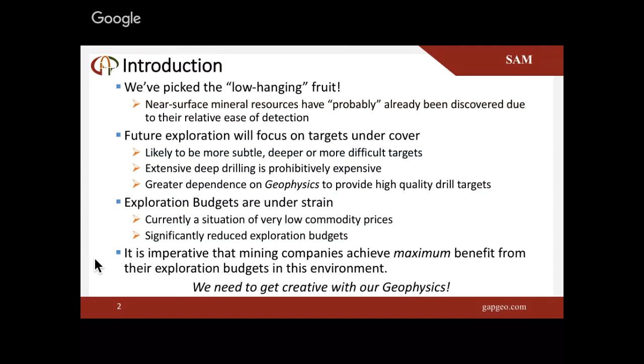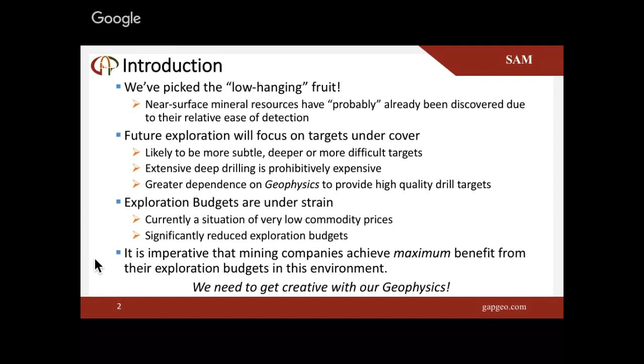So basically, I tend to think that in mineral exploration, we sort of believe that we've picked the low-hanging fruit. We found the easy stuff, the mineralisation which is quite easy to find near surface has probably already been found. So really, the future of exploration is going to be focusing on more subtle or deeper or more difficult targets.